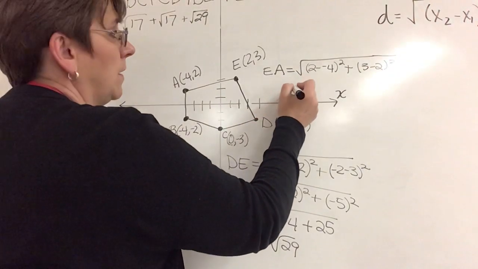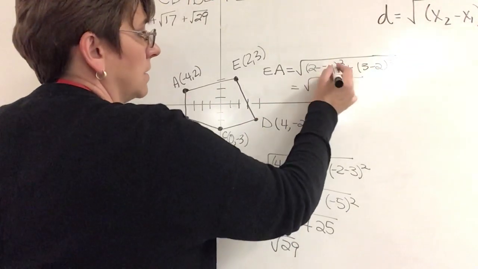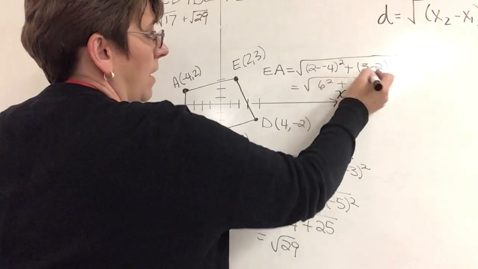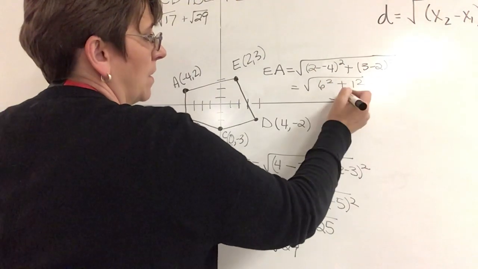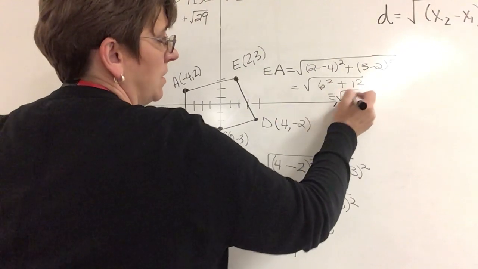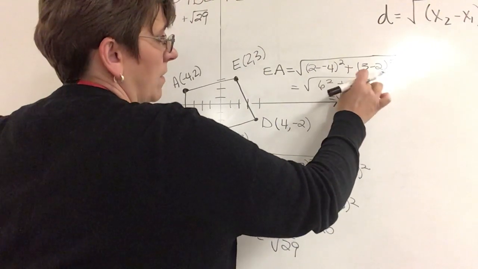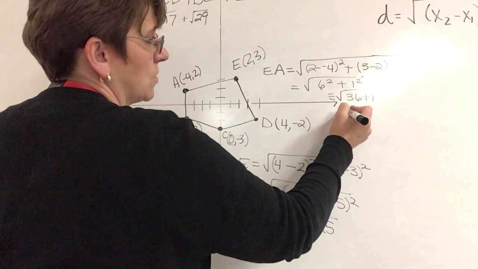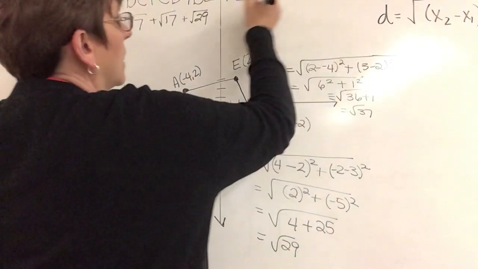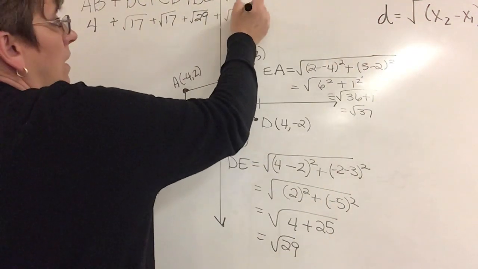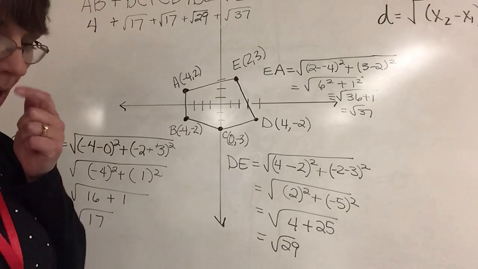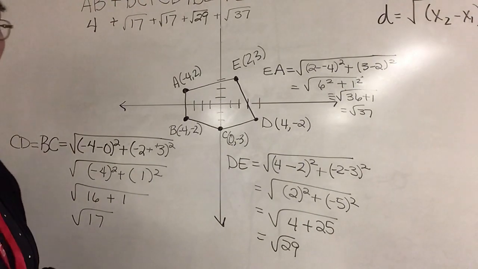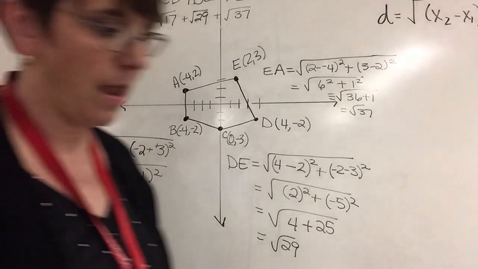So that will be 6 squared and 1 squared. 36 plus 1, sorry, that kind of looks like a 12, will be the square root of 37. Okay, then I would grab a calculator and type in those 4 measurements and add them together.